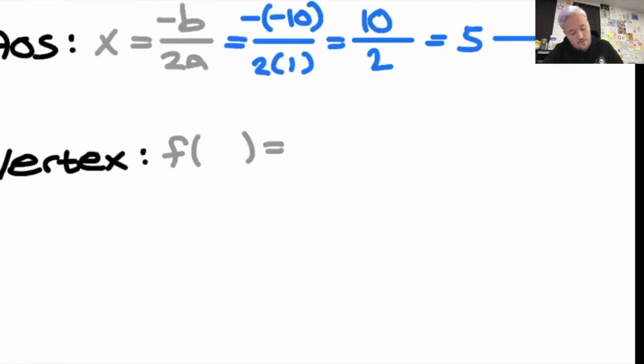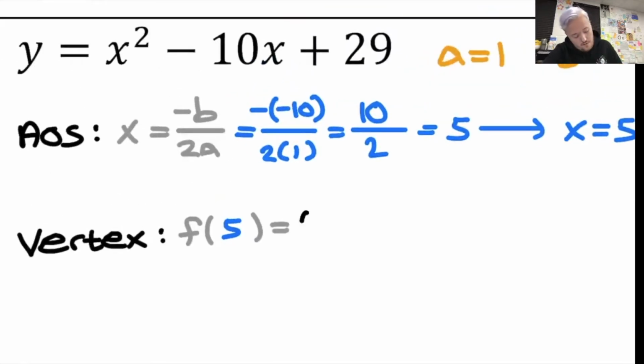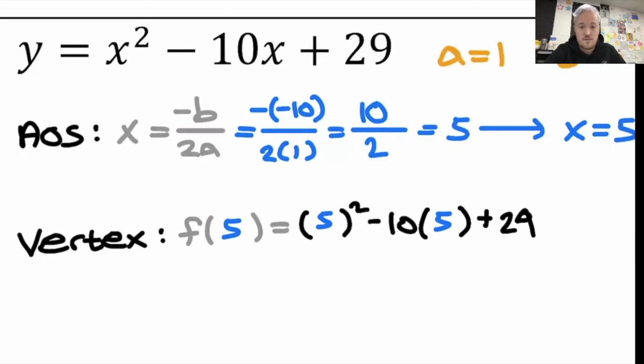So I'm going to plug in 5 into my original equation up there. So I'm going to have 5 squared minus 10 times 5 plus 29. You're going to plug in that 5 for all those x values.